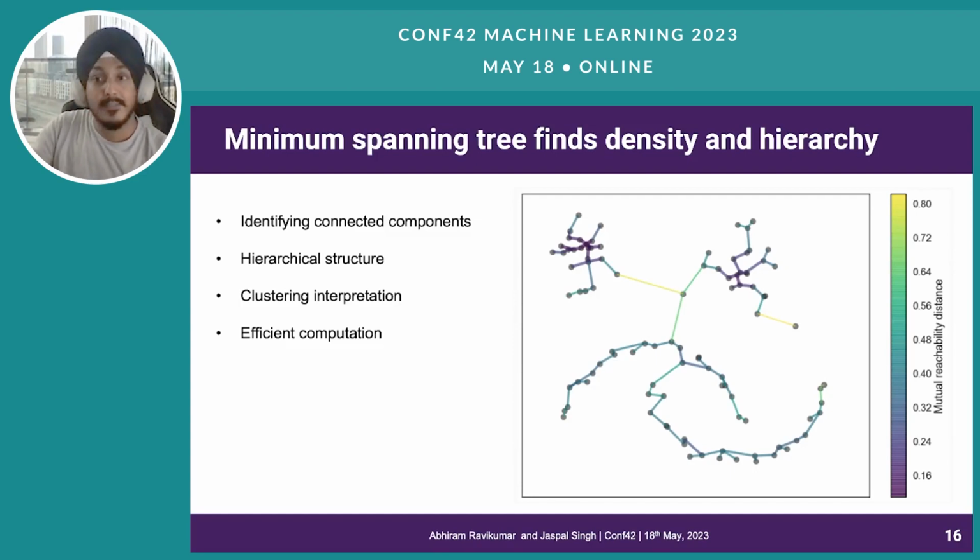And now you have this mutual reachability distance defined against each object and each cluster. So there is an algorithm called the minimum spanning tree algorithm, which finds the shortest possible path for you. And that minimum spanning tree algorithm is really useful to identify the density and the hierarchy of the cluster.